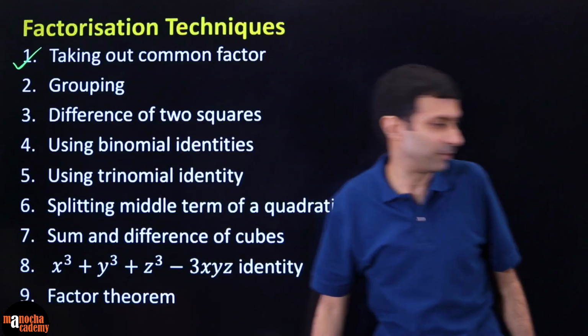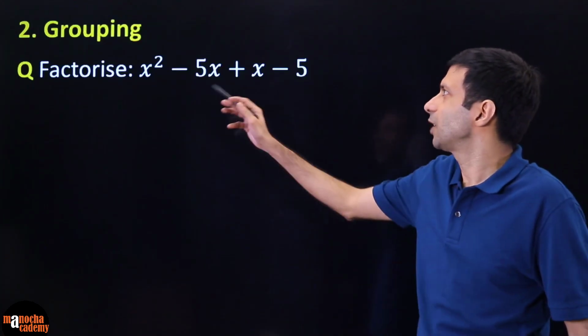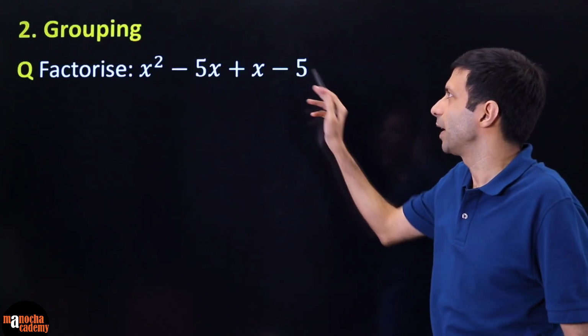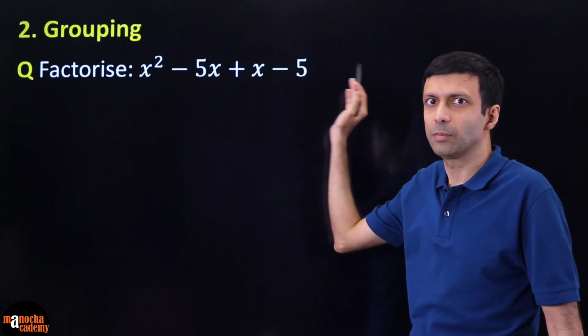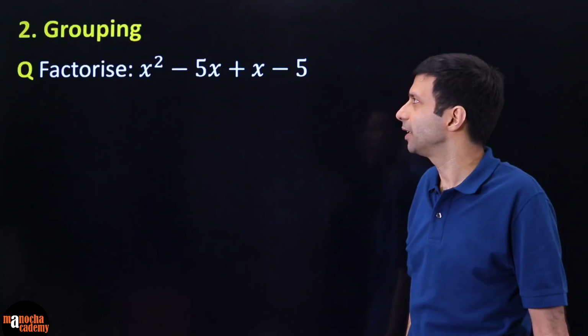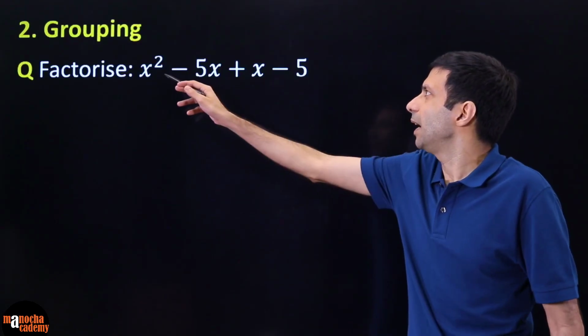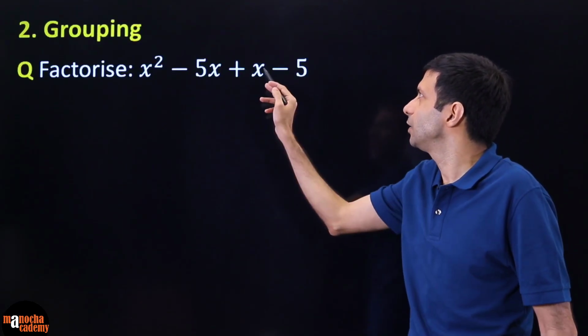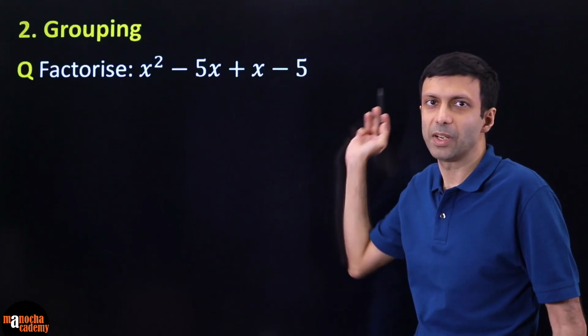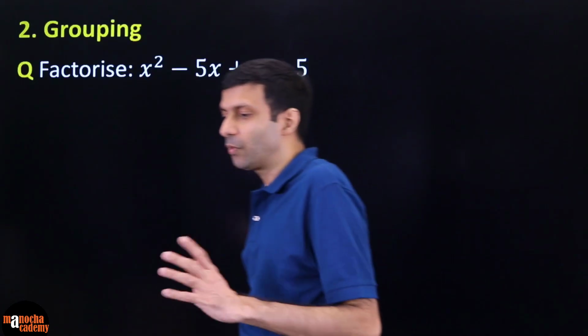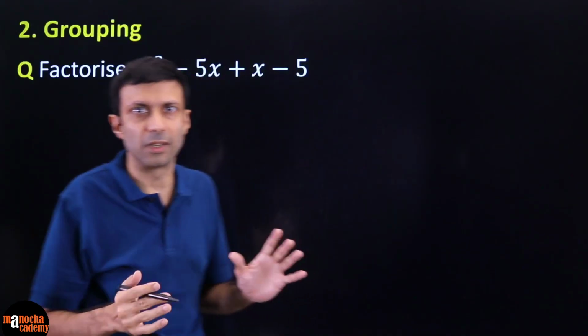So let's see that. Let's say I have got x square minus 5x plus x minus 5. So first thing, always check, is there any common factor in all the terms? Like take out the common factor. Is there anything common? X square is there, so x is there in these three, but x is not here, so I can't take it out. And 5 is also not there everywhere, so nothing common. But what we can do is, we can group certain terms.